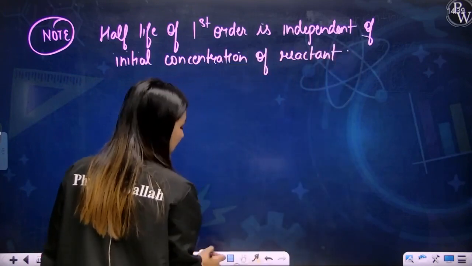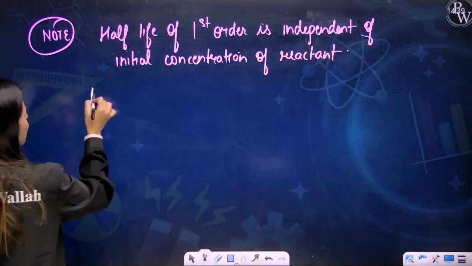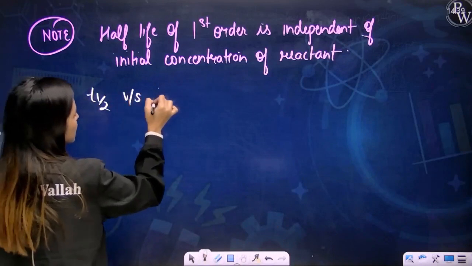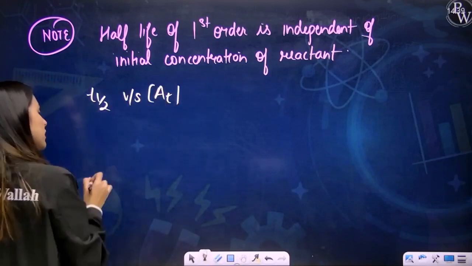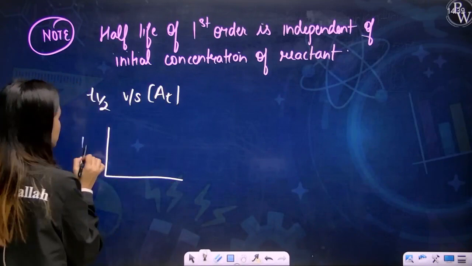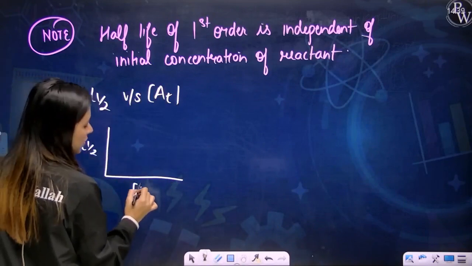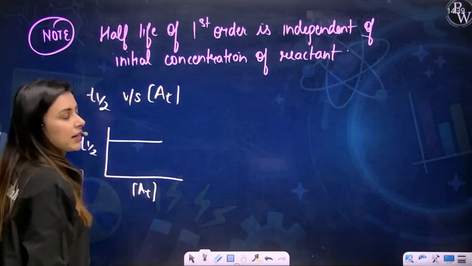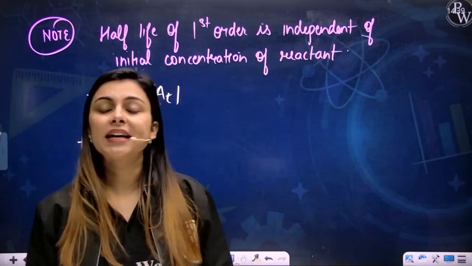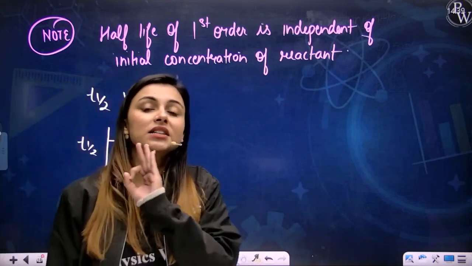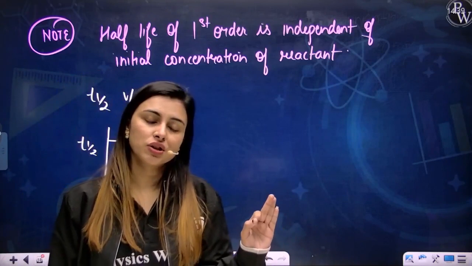So this means that if you are ever asked to plot a graph between t half versus concentration of reactant, what will you say? The graph will always be a straight line. It will be constant. It does not change with the initial concentration of the reactant.